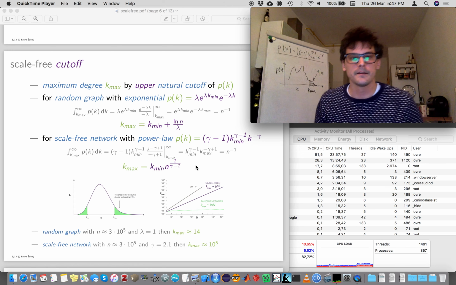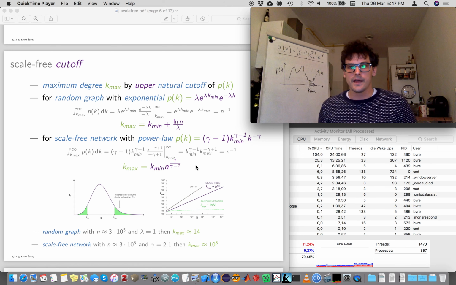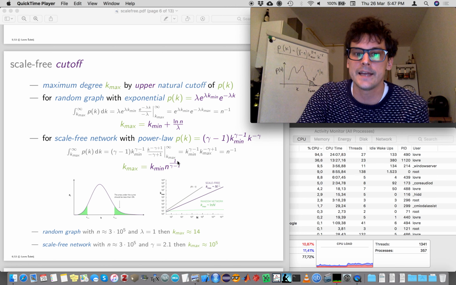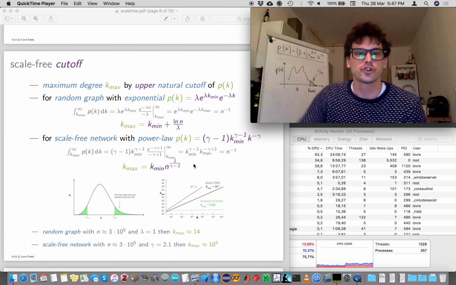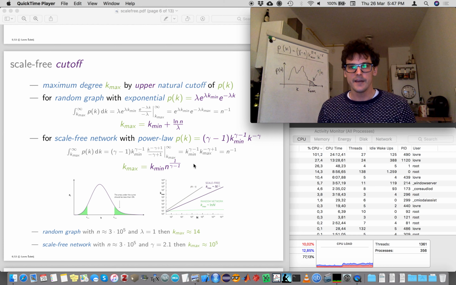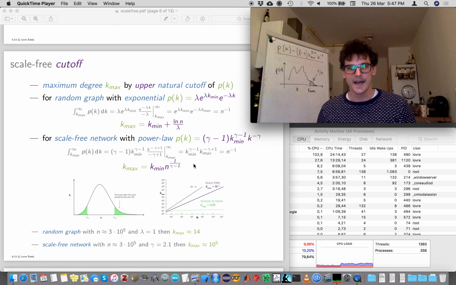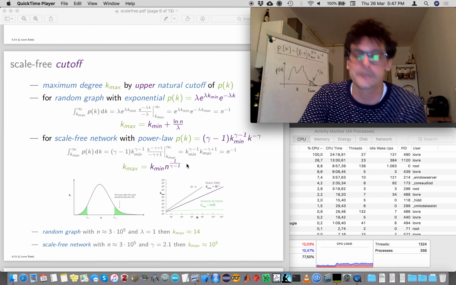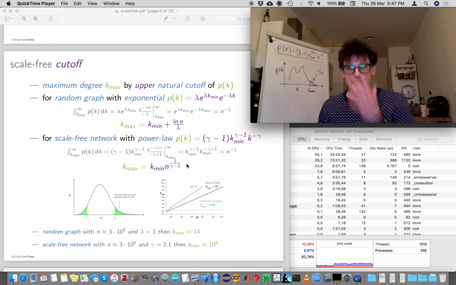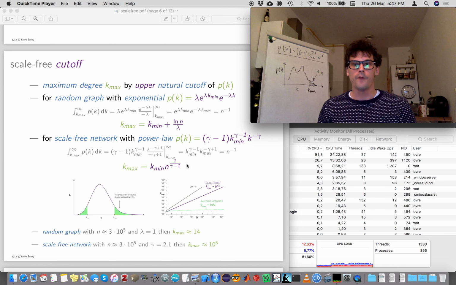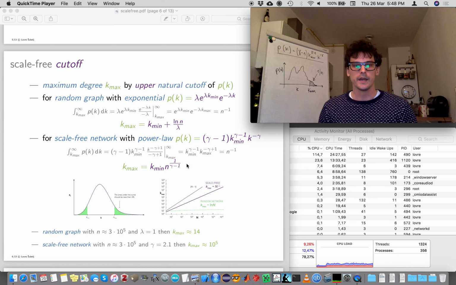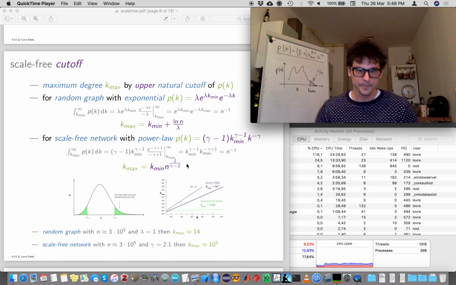However, if we assume that gamma is something between 2 and 3, for instance if gamma equals 2, we get n to the power of 1. So the largest degree in a scale-free network will scale with the size of the network. Or maybe when gamma is 3, it will scale with the square root of the network size. But in any case, it will be some polynomial of n. So when n gets super large, also k max will get super large.